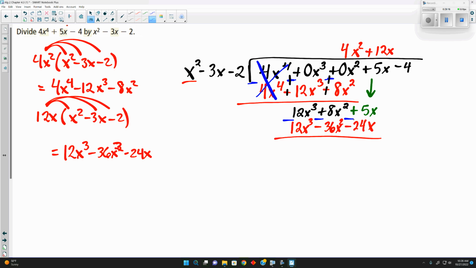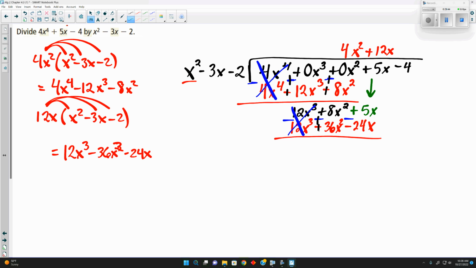And then we're going to subtract. 12x cubed minus 12x cubed is 0. 8x squared minus negative 36x squared. Well, again, the negative and negative make a plus.